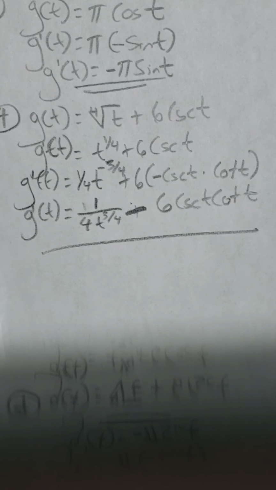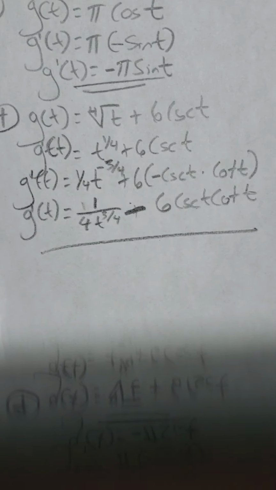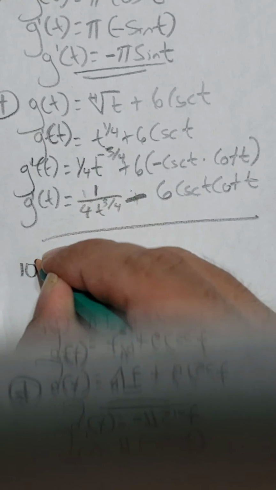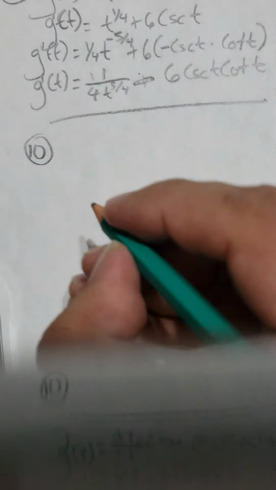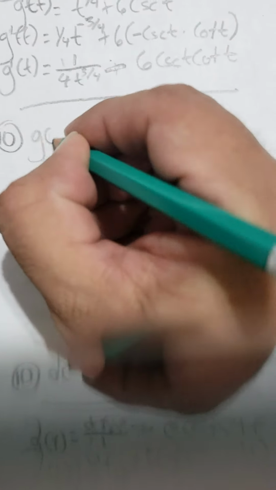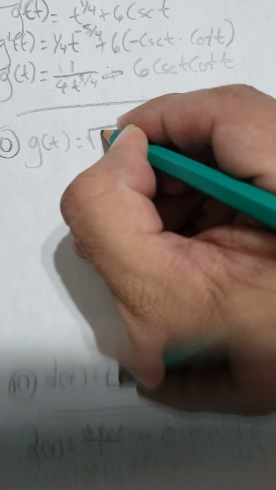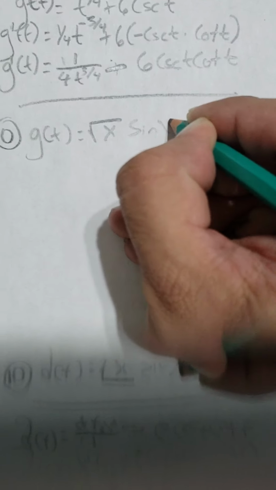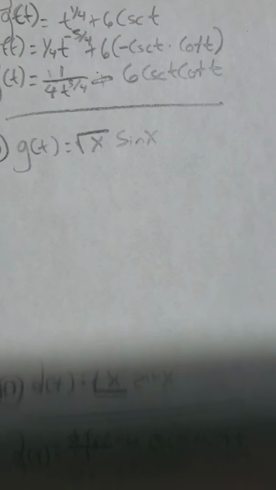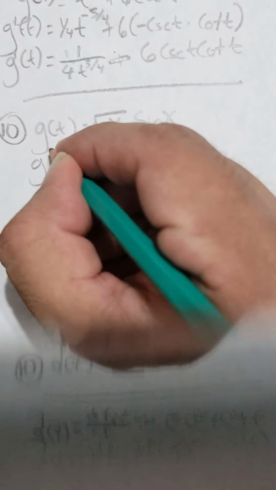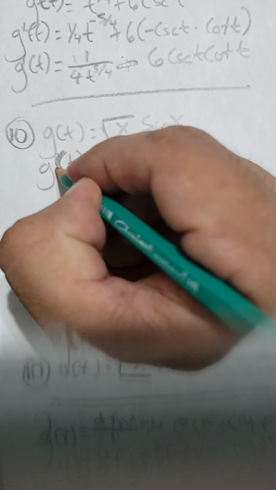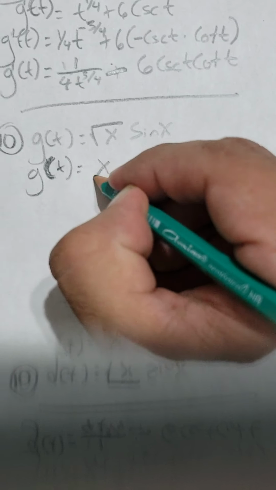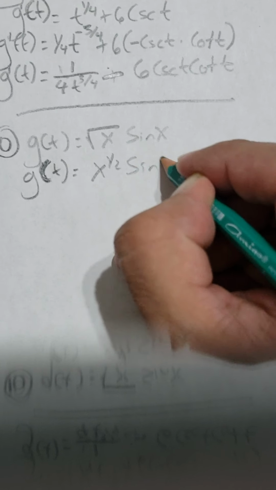Now let's do exercise number 10. In number 10, we have g of x is square root of x times sine of x. Now, I will rewrite first. It will be x to the 1/2 times sine of x.